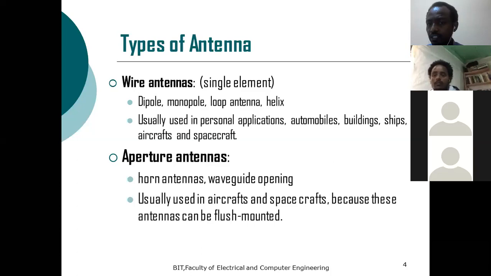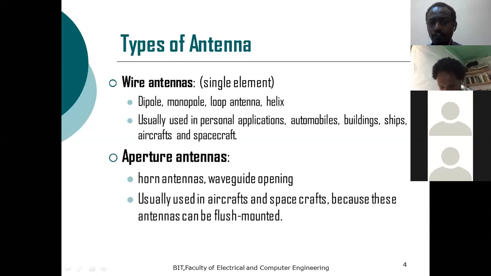It can be used for personal applications, automobiles, buildings, ships, aircraft, and spacecraft. This class contains a wide variety of wire antennas. As we said, the dipole, monopole, loop antenna, and helix are classified under wire antennas.